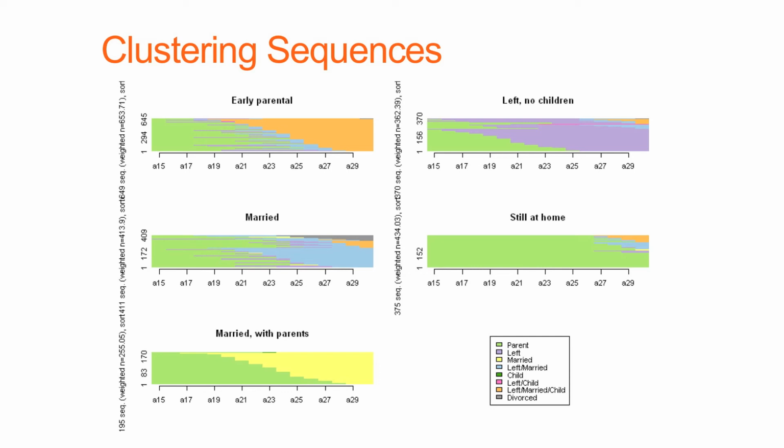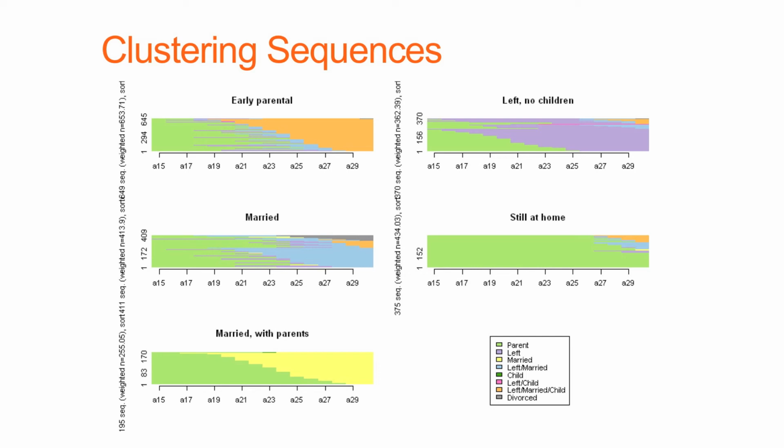The second cluster is for people who left and had no children. Then we have a group that left and got married but didn't have children, and most of the divorces are in this group. We have another group that is still at home, or that left and got married and had children later. And then there's a group that is married and still living with their parents.